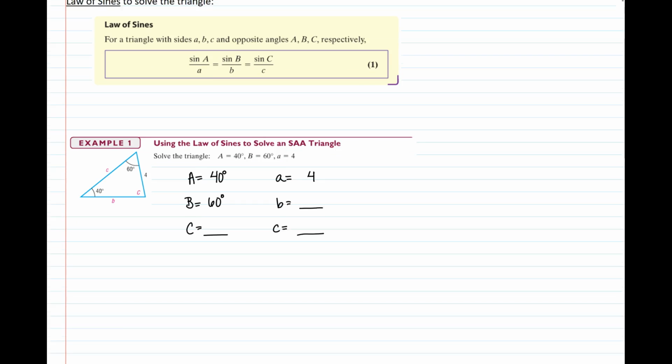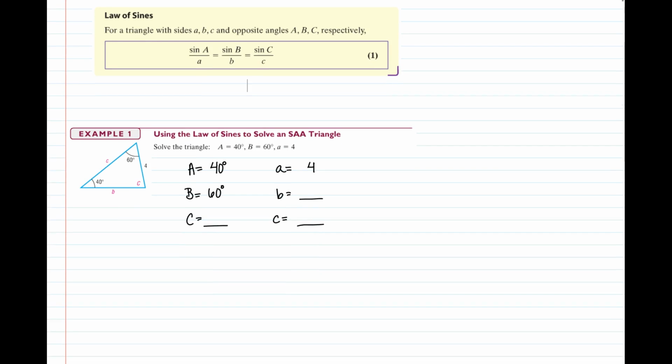Okay, so let me show you what this looks like. For this triangle right here, I have an angle and I have the side directly across from it.